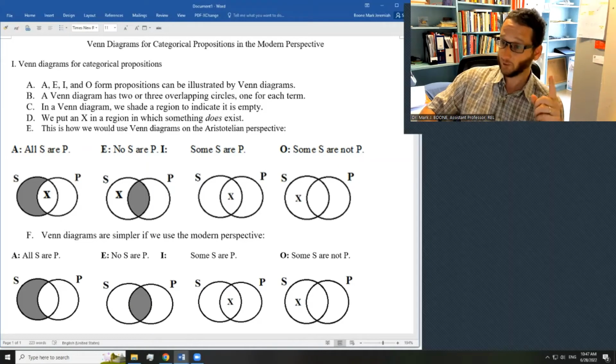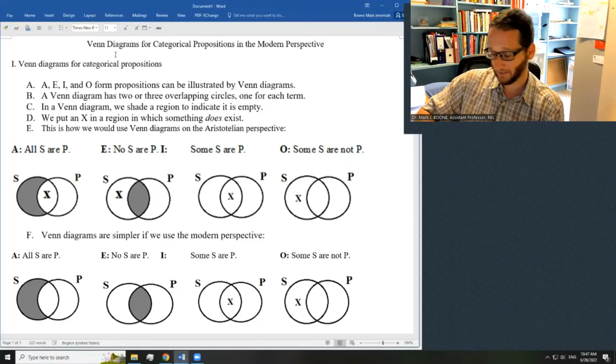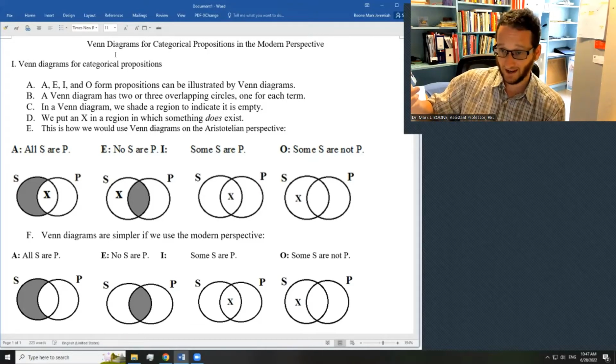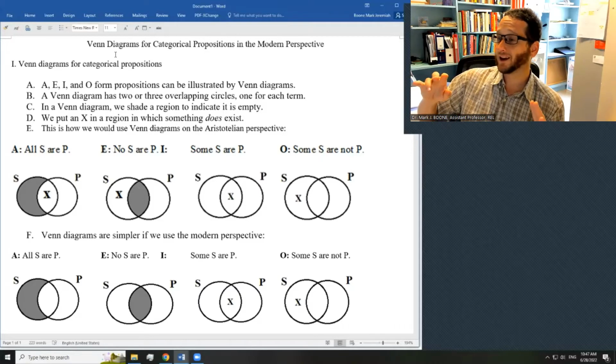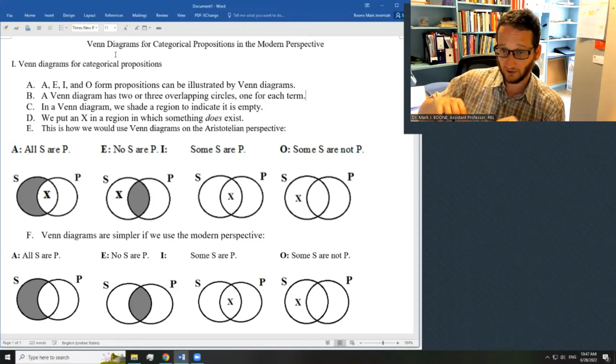If you're doing 1 categorical proposition only, it's going to be 2 overlapping circles, and if you're doing 2 categorical propositions, you're going to need 3 overlapping circles. Actually, maybe not. It depends on what your categorical propositions are. If you're doing a standard Venn diagram for a categorical syllogism, you'll need 3 overlapping circles.